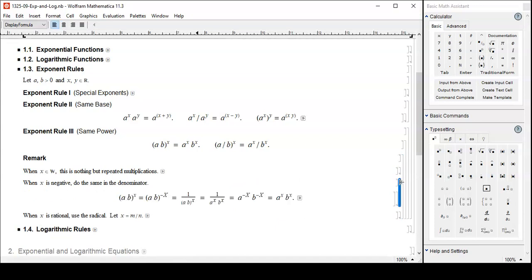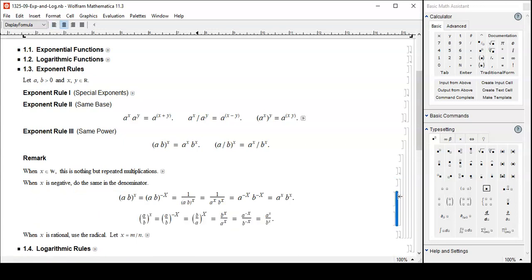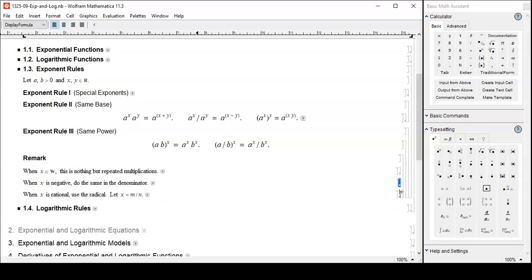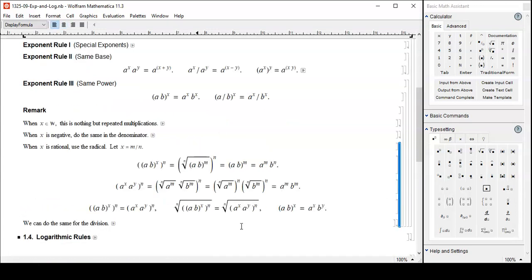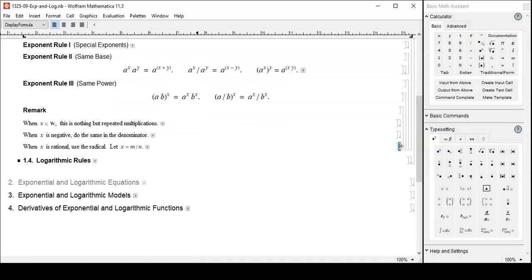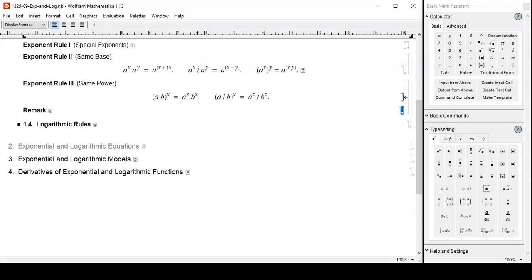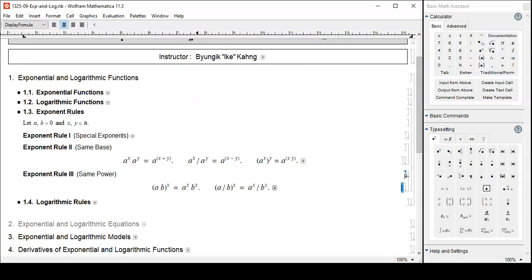When x is negative, you can do the same thing to the denominator. And for rational, it's going to be tricky. We have to deal with those radicals, but in the end, it works out. A bit tedious, but okay. In the end, everybody has to remember the end result.